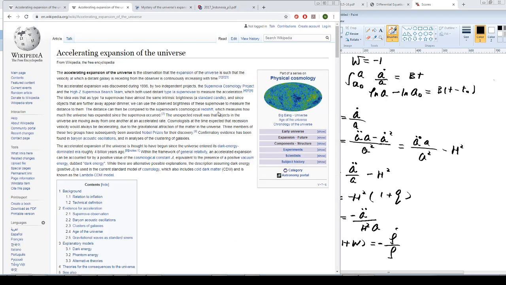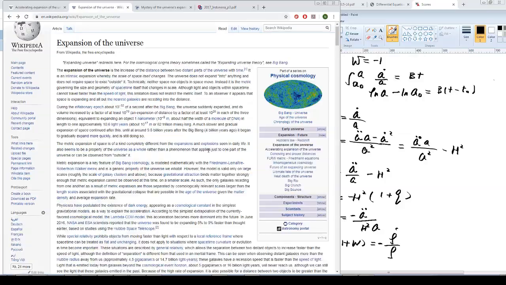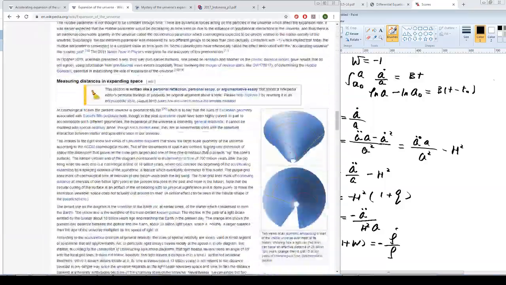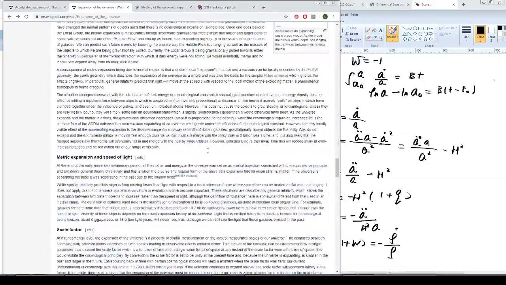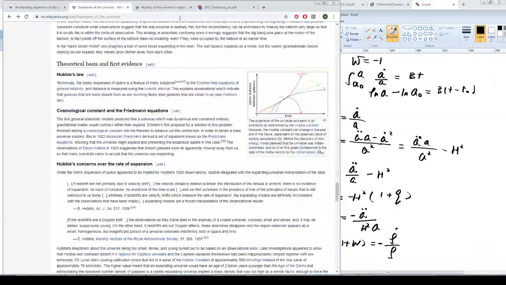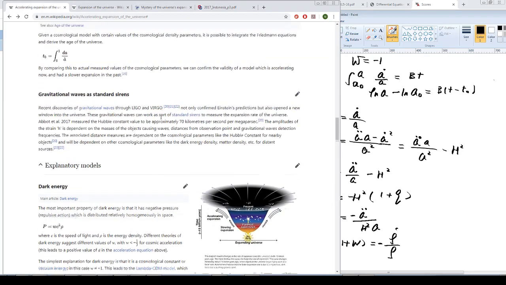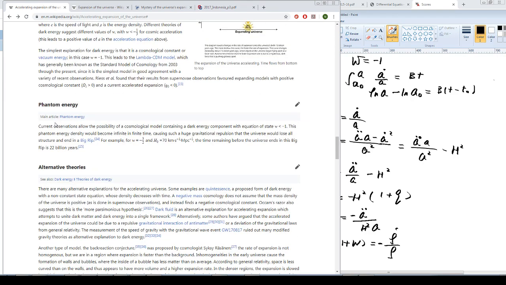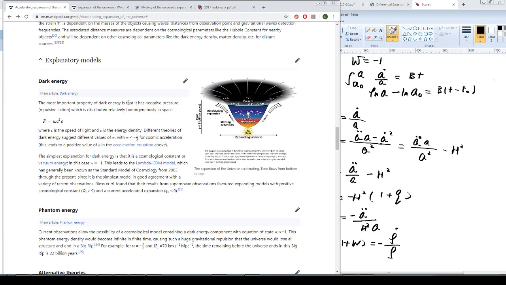There is another article. Okay, so that is W. Negative pressure.